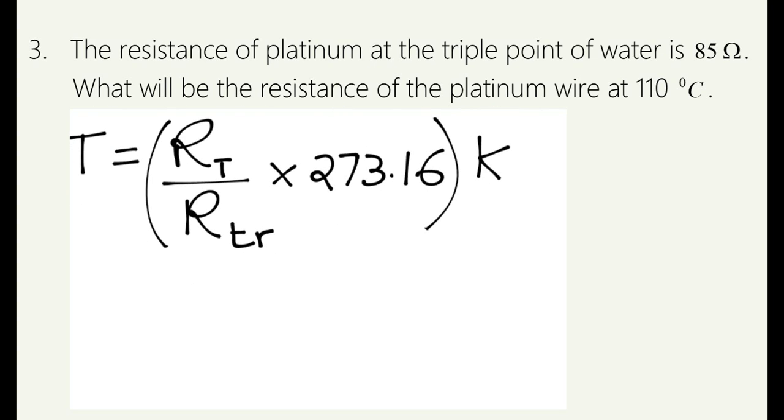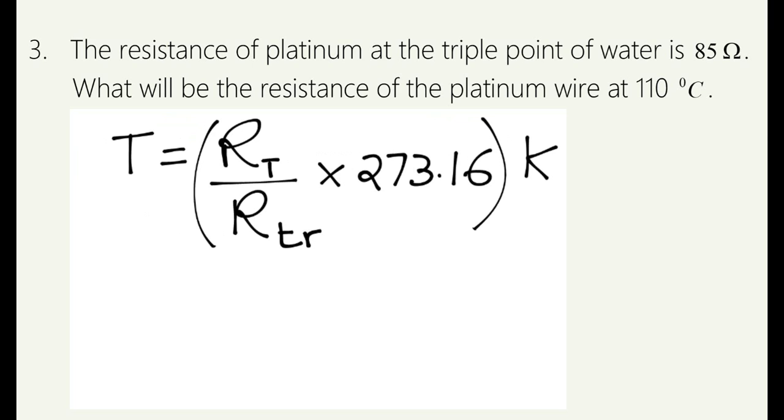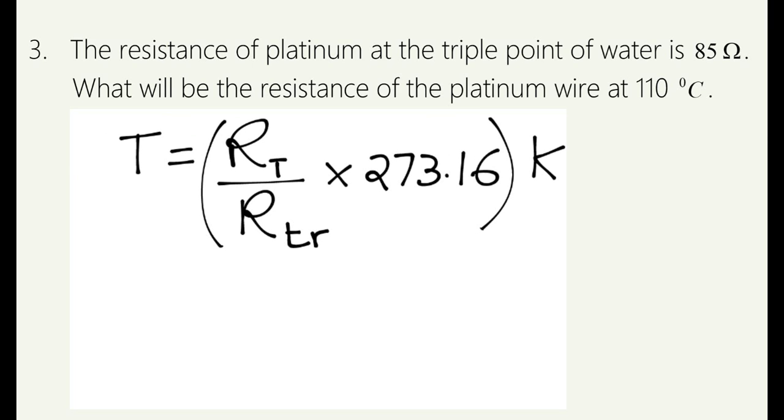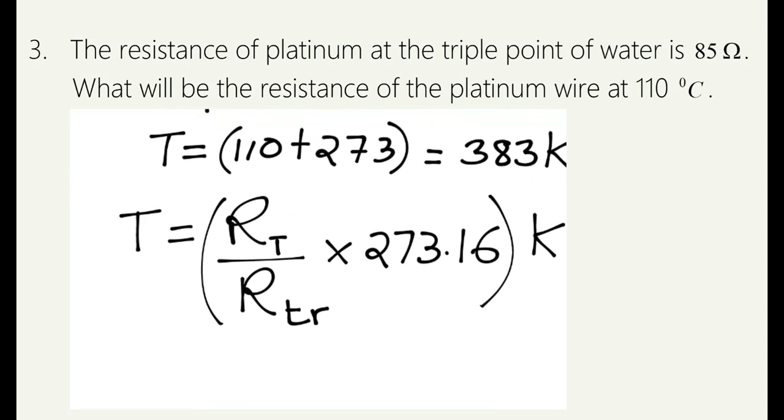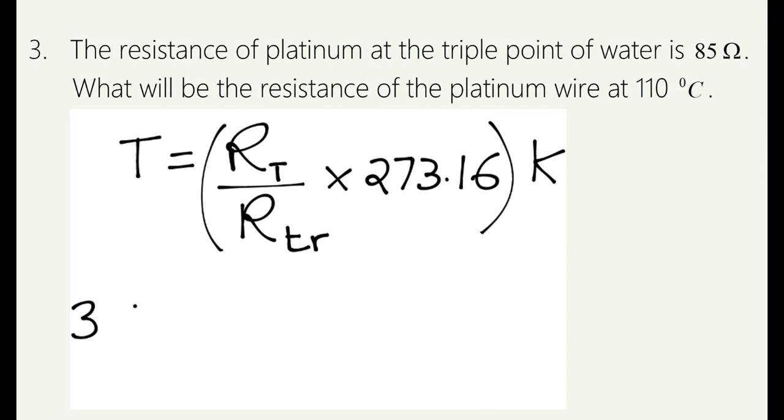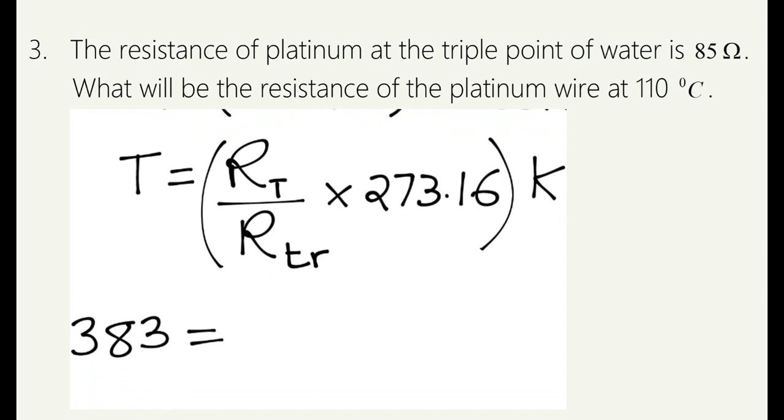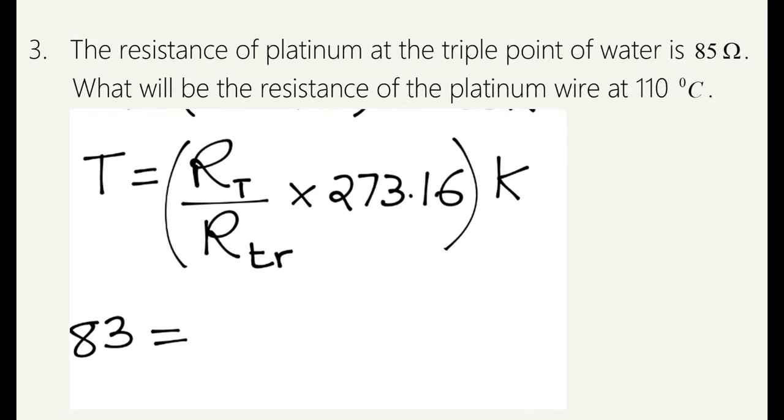The question asked for the resistance of the platinum wire, so they're asking for RT. So let's substitute. Capital T, the temperature, is 383. Please observe this: if you're dealing with the triple point of water, anywhere, and you write in degrees Celsius, you will be off. The temperature T has to be in Kelvin.